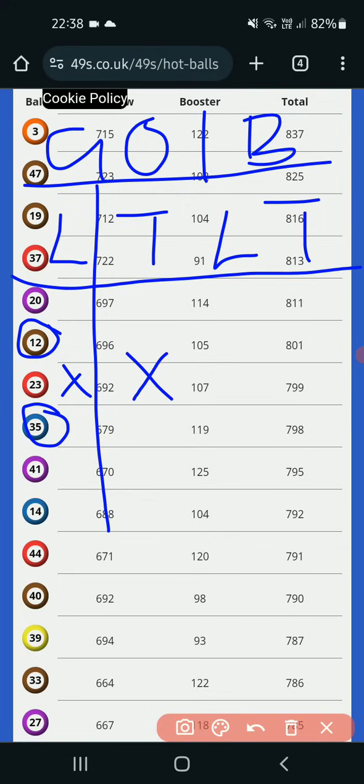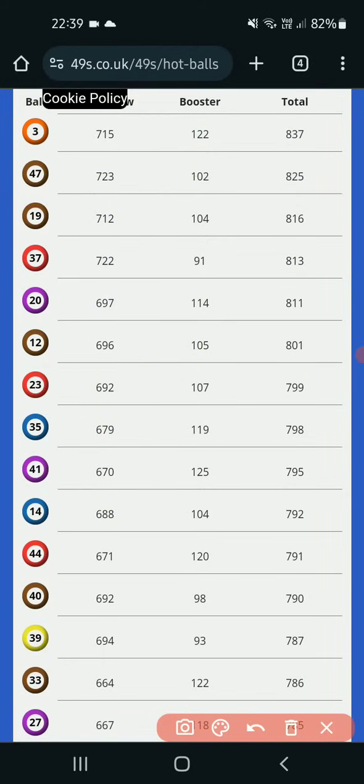You cancel it on the next draw. It will come on lunch the next day. 23 will play the next day, right? So if you noticed recently, 45 played on lunch. 45 was sandwiched by 41 and 48.